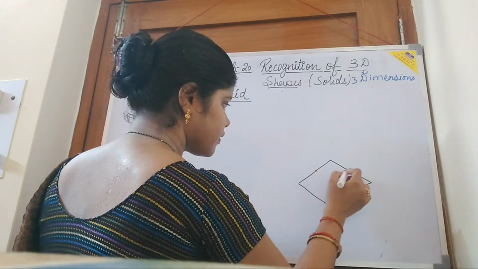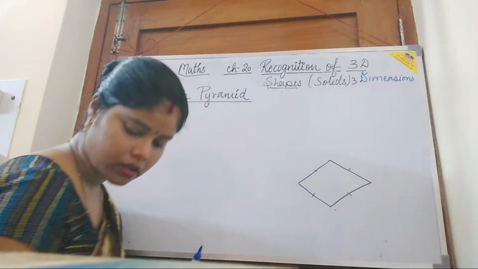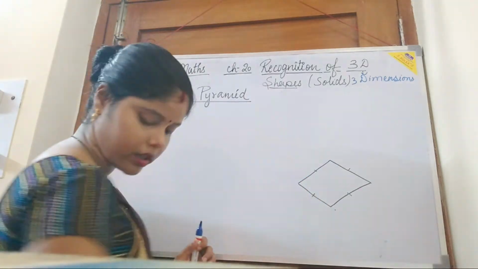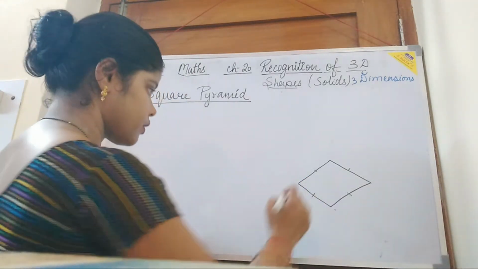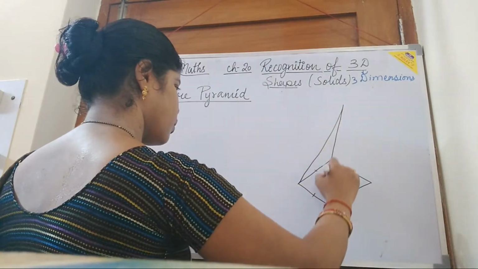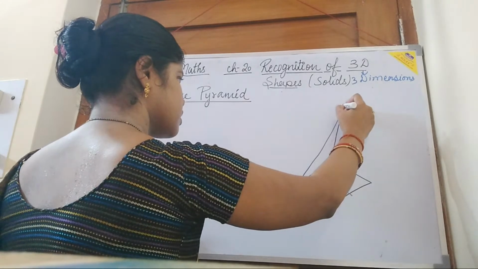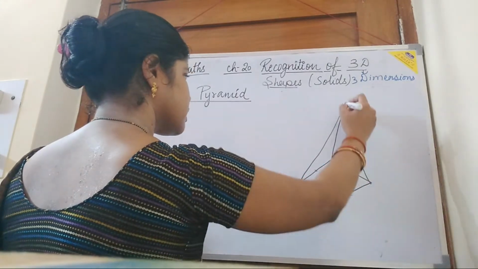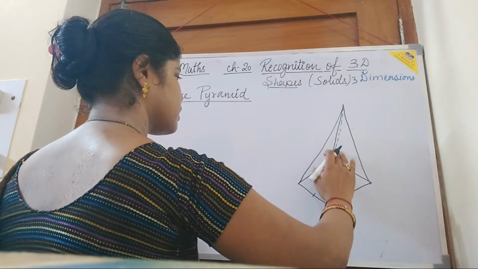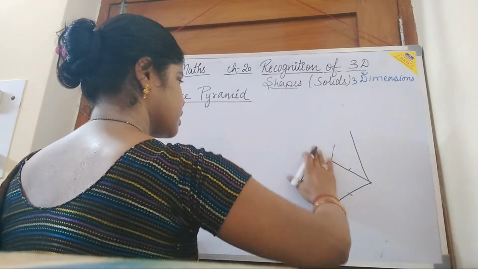Here all the sides are equal, okay? And we are going to draw a rectangle over here. One rectangle, two rectangle, third one.